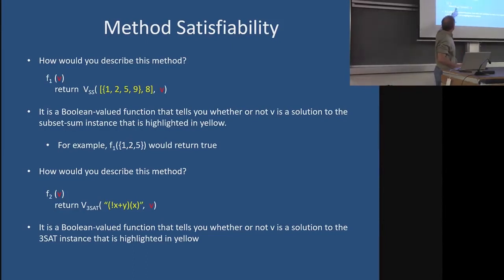In other words, the verification algorithm for 3-set takes an instance and a solution and reports whether the solution is really a solution. F2 just takes a proposed solution. It already has the instance built into it. It just reports whether V is a solution to this thing that's built into the method. So it's more specialized. This is a verification algorithm just for this instance. All right?